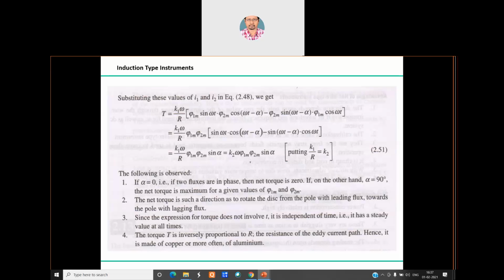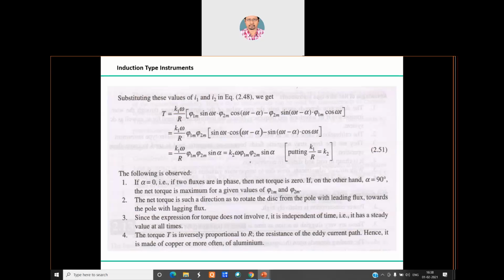So ultimately what we get is k1 omega by R, phi 1m is a constant, phi 2m is also constant, and sine alpha, which is equal to k2 omega phi 1m phi 2m sine alpha, assuming k1 by R is another constant k2. Ultimately, it is a constant.